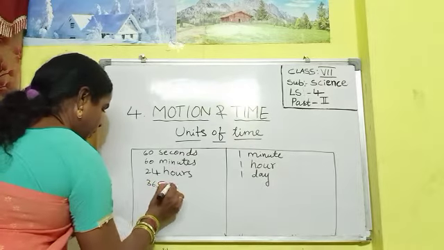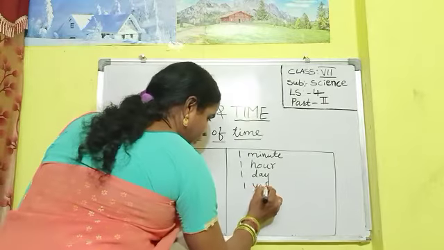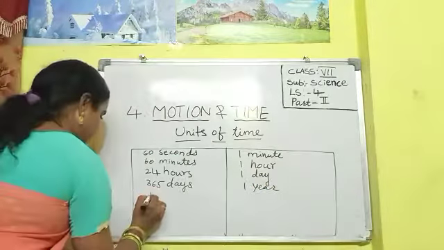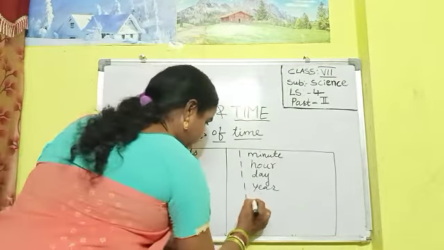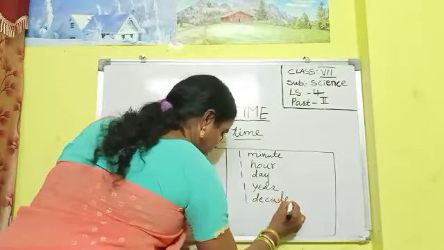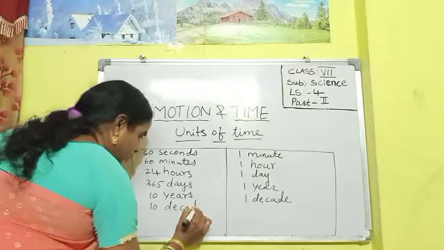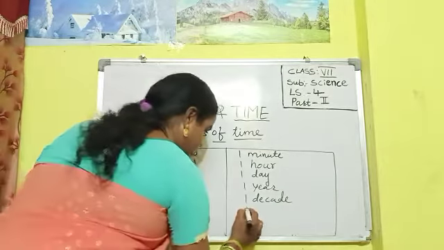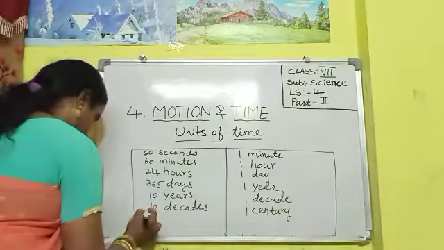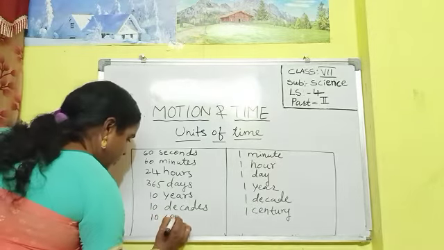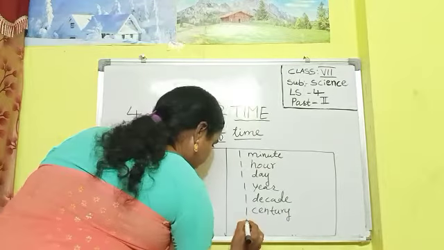365 days. 365 days means 1 year. 10 years. 10 years means 1 decade. 10 decades, 1 century. 10 centuries, 1 millennium.